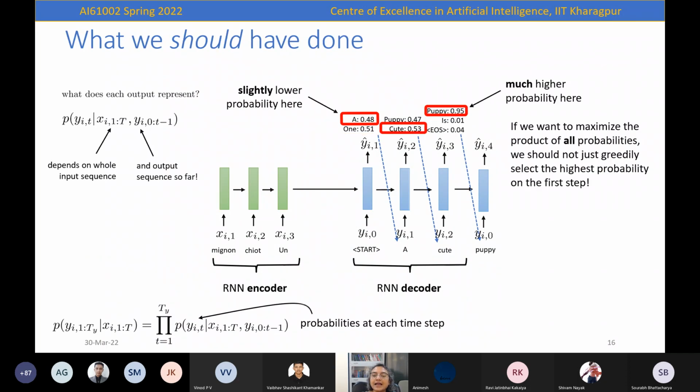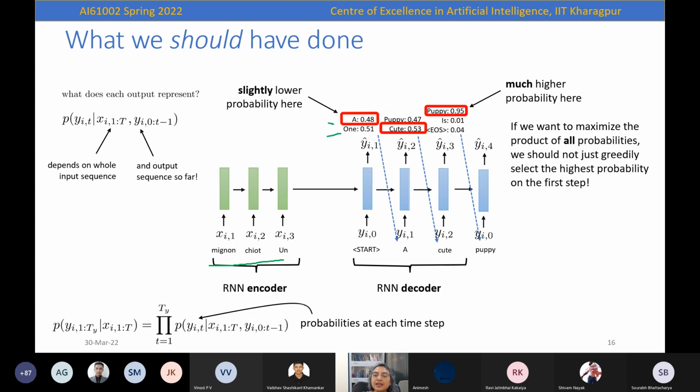For example, suppose this French phrase is input, unshort minon. I'm not pronouncing it correctly. So we feed this in reverse, and suppose at the output in the first state there are two possibilities, a and 1. 1 has the higher probability.